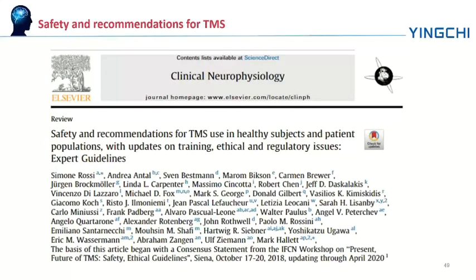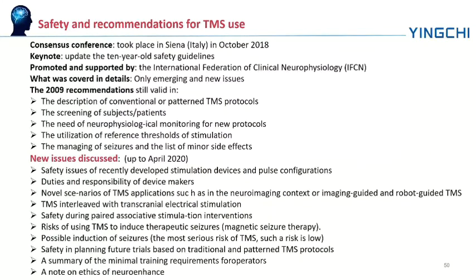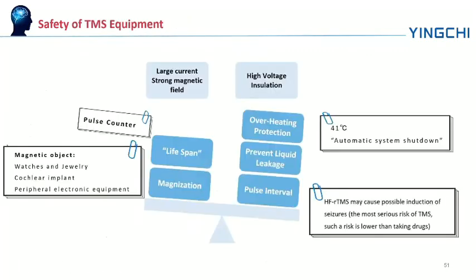The safety of TMS is really important, and this is an update of the 2009 safety recommendations. Because TMS equipment has large current, a strong magnetic field, and high voltage insulation, it needs various protections for the subjects and the operators.